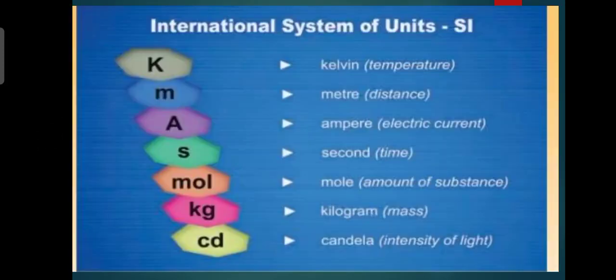Now move on. International System of Units, SI. The International System of Units, SI, or International Decimal System of Weights and Measures, is derived from the metric system of measurement.